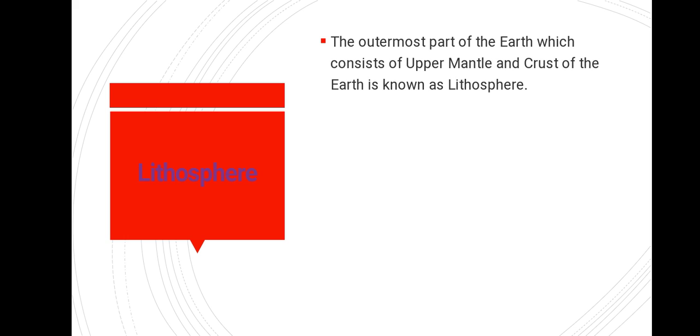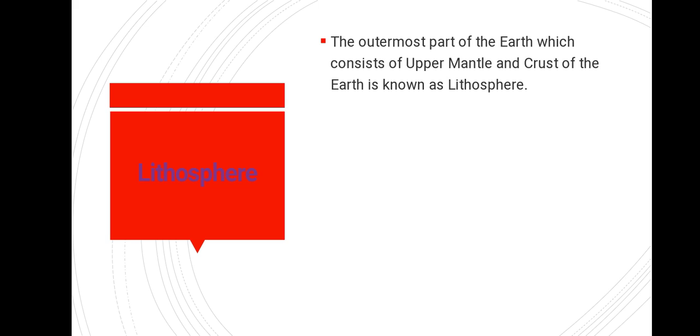Next, here we will learn about the lithosphere. The outermost part of the earth, which consists of upper mantle and crust of the earth, is known as lithosphere. It means there is three parts inside the earth, is crust, mantle and core.